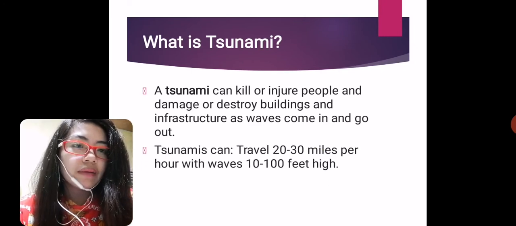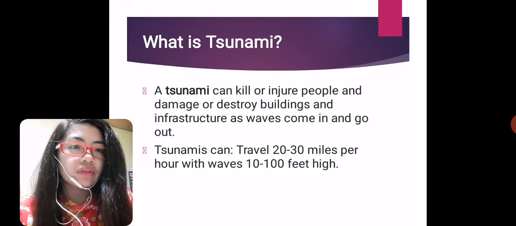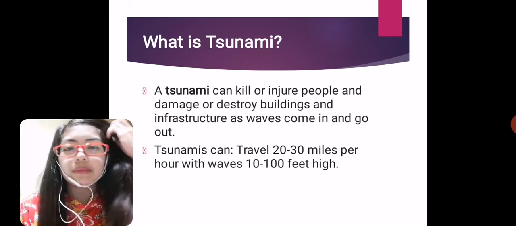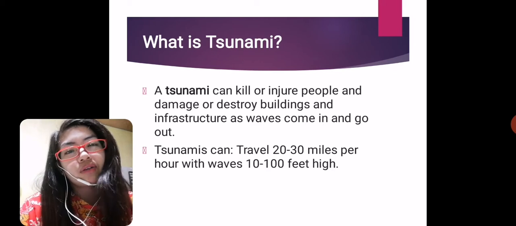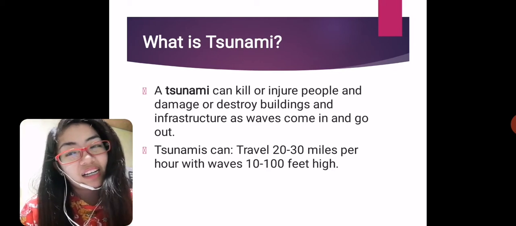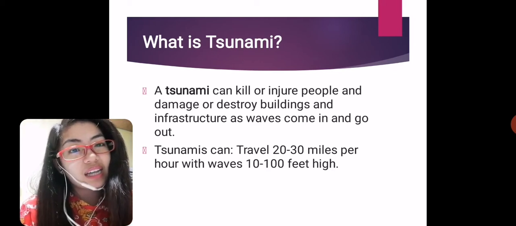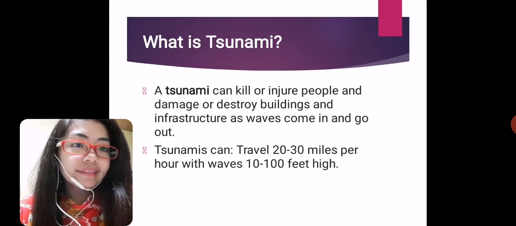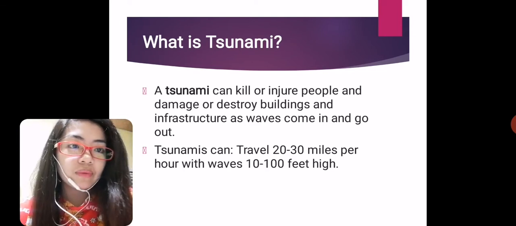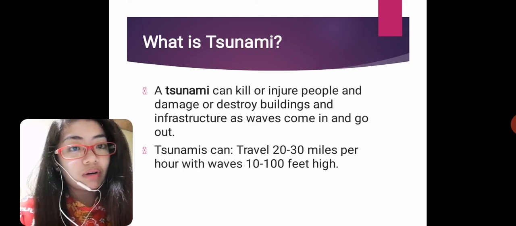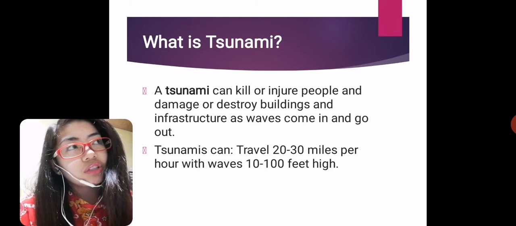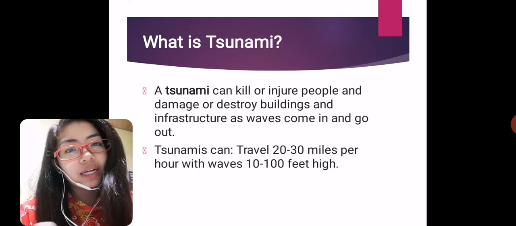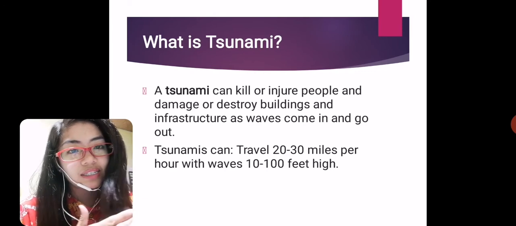A tsunami can travel 20 to 30 miles per hour, or simply pag sinabi natin kasing tsunami, ito yung mga big waves. Kaya nga, other term sa kanya is giant waves. And then, it can travel 20 to 30 miles per hour. 20 to 30 miles, ang katumbas niya is mula dito sa Rosario hanggang sa Tagaytay.